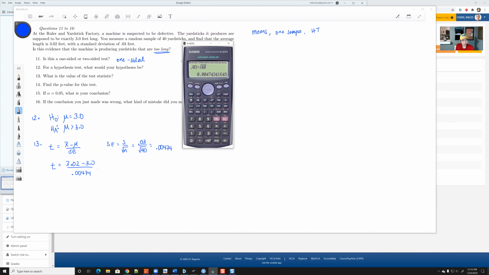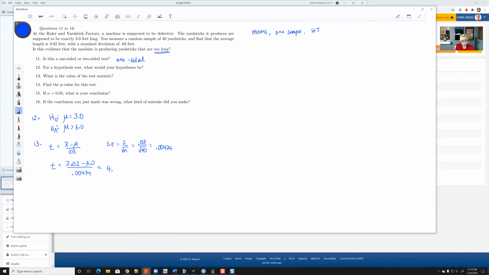Okay. All right, so what is this? This is 3.02 minus 3.0 divided by 0.00474. And this gives me 4.219. Okay, so that's my test statistic T, okay?